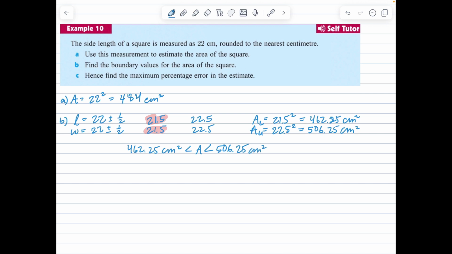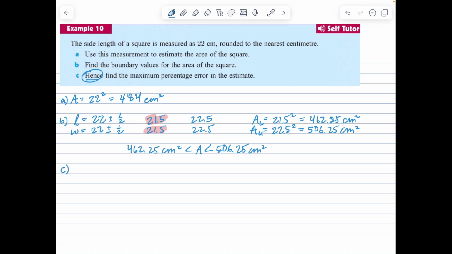And then part C says, hence, find the maximum percentage error in the estimate. First of all, you need to know that hence means using your previous answer or the previous question. So that is always a clue that we're going to use something we just did.